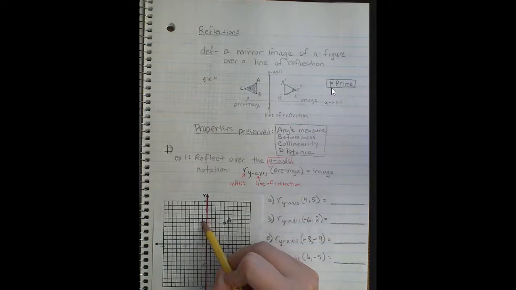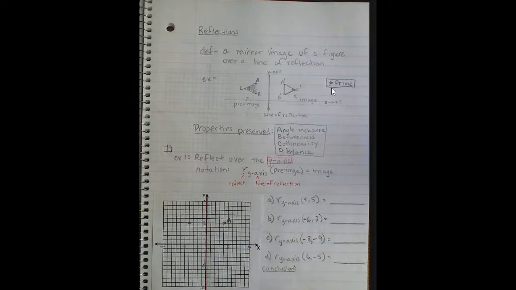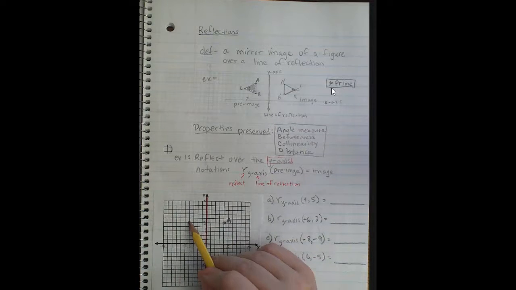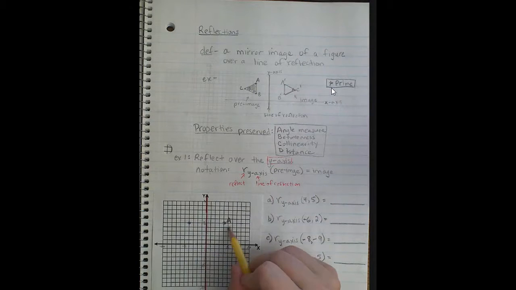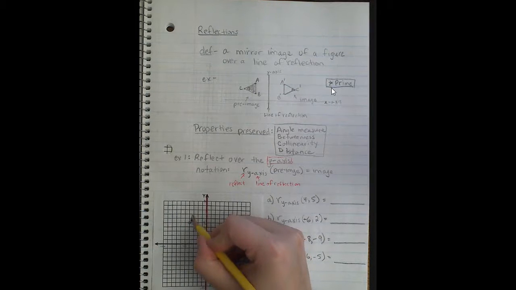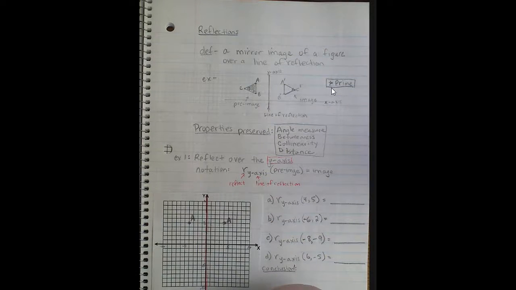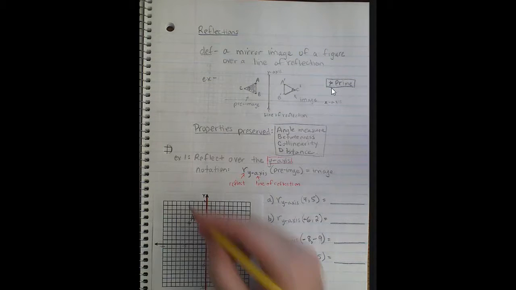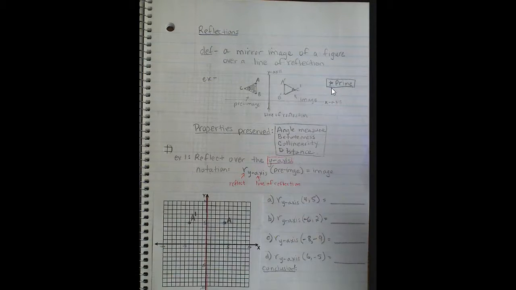It's going to reflect 1, 2, 3, 4 on the other side of my line of reflection. And whenever you reflect a point, you would typically use the same letter, A, but to show that it is an image, you would put the little prime symbol like I did up here as well. Now we would want to write the coordinates for A prime, which would be -4, 5.